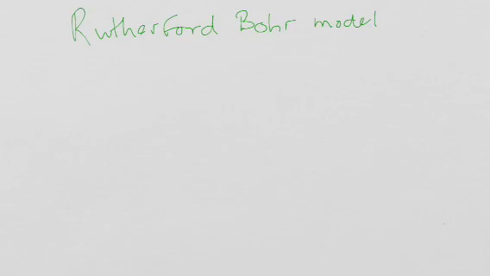The second really important representation of atoms that you need to know, and we are going to use these a lot, so you're going to get accustomed to, is the Rutherford-Bohr model. What was Rutherford's big contribution to the atomic model?